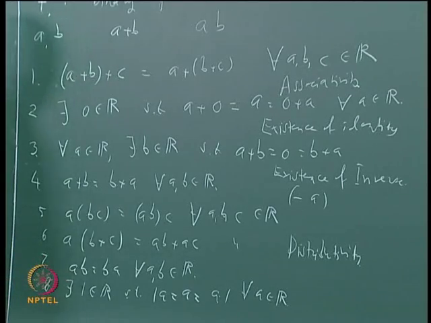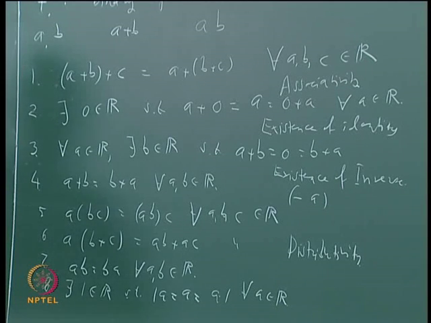Now we shall look for something similar to this. Just as we talked about the inverse with respect to the first operation, similarly we want to say something about the inverse with respect to the second operation. We cannot simply imitate the earlier property and say that every element has an inverse, but every element other than 0, which is the identity of the addition, has an inverse.